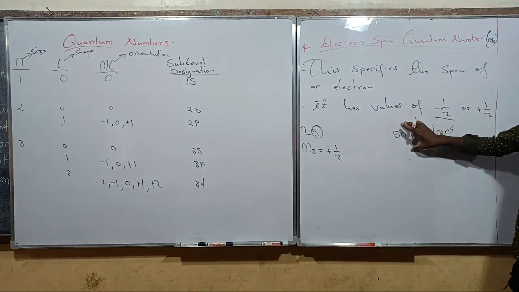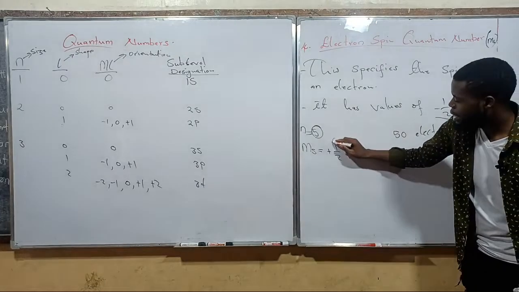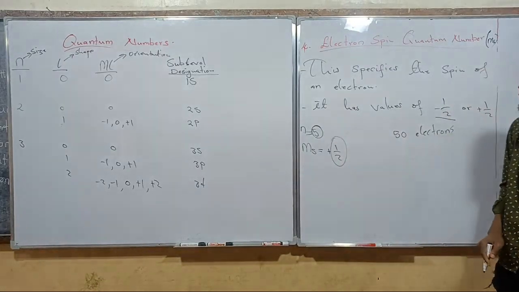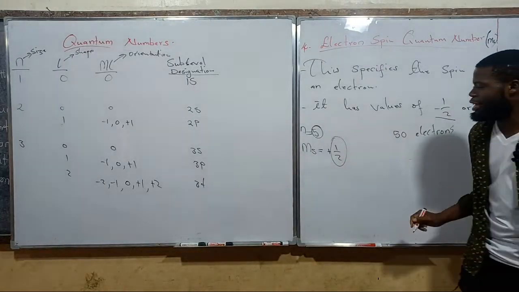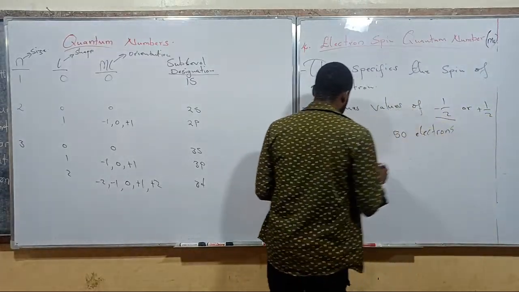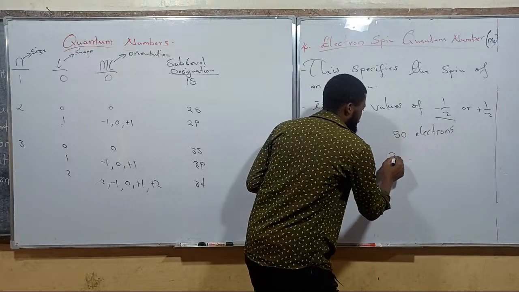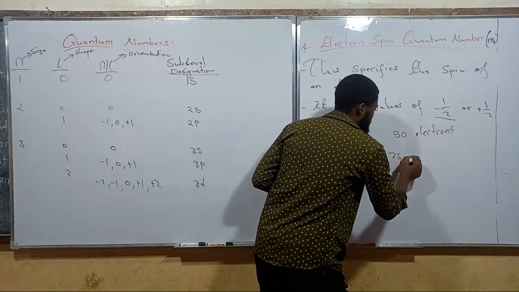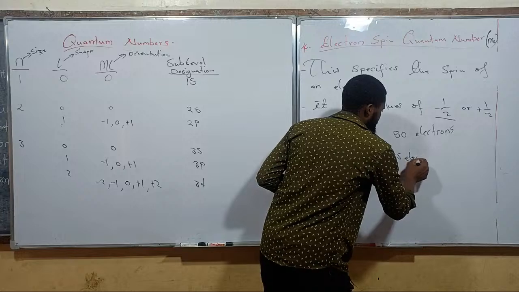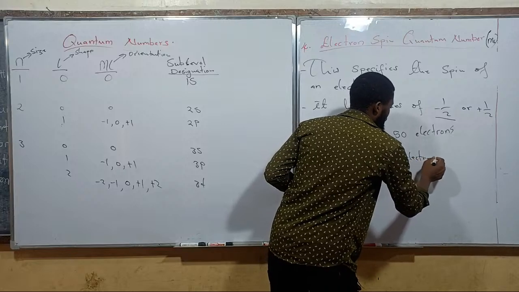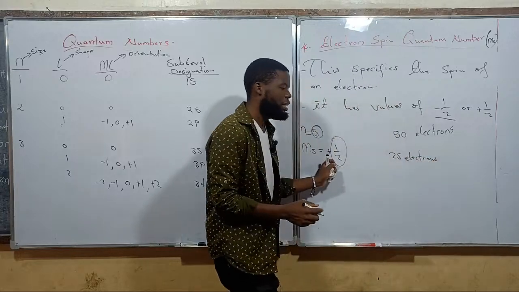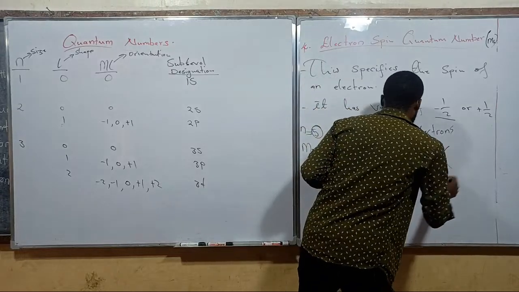Now, out of those 50 electrons, half of them, meaning 25 electrons, will be spinning clockwise.